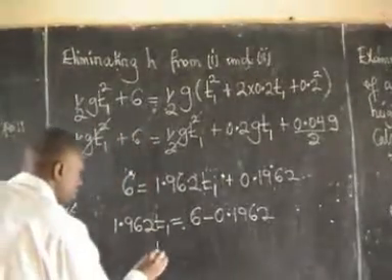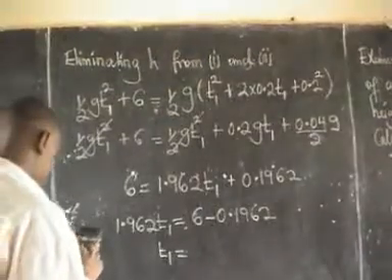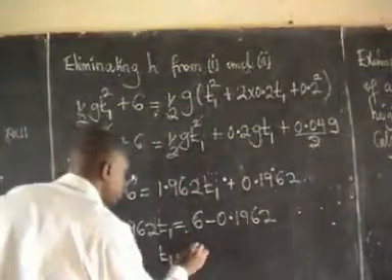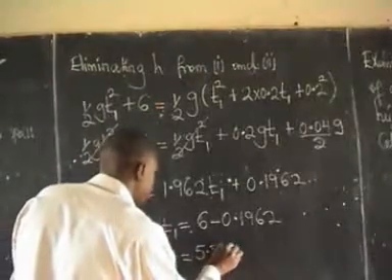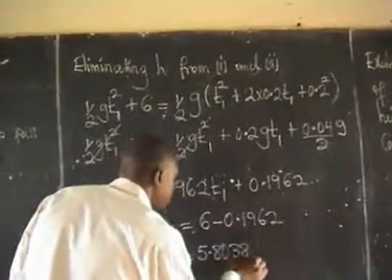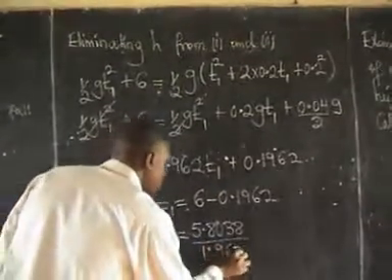When you make T1 the subject, you get 5.8038 divided by 1.962.